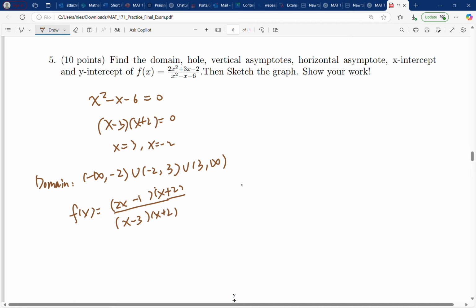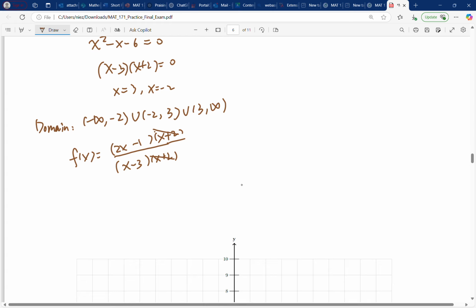This is the factorization. And then you see x plus 2 and x plus 2 can be cancelled. That means at x equal to negative 2, you will have the hole.